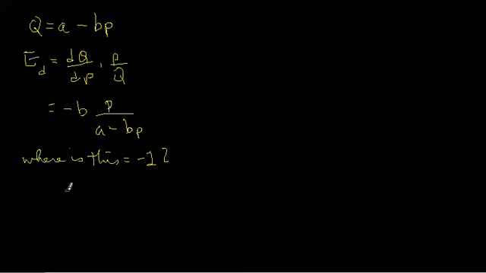Well, if we want to know that, we just set the value equal to -1. So we'll have BP over A minus BP equal to -1. And we can change the sign on the left-hand side or the right-hand side to be positive.